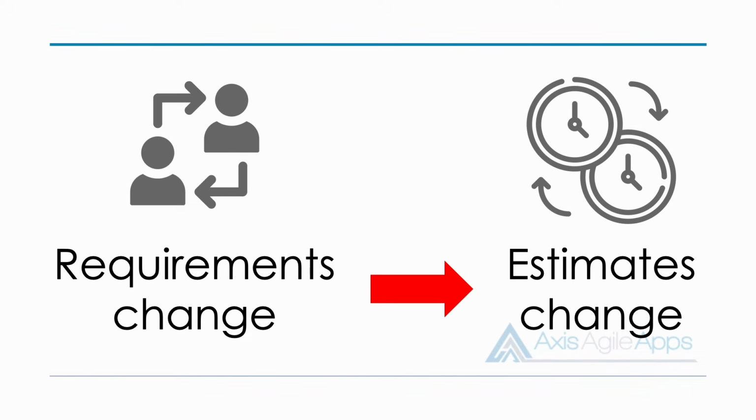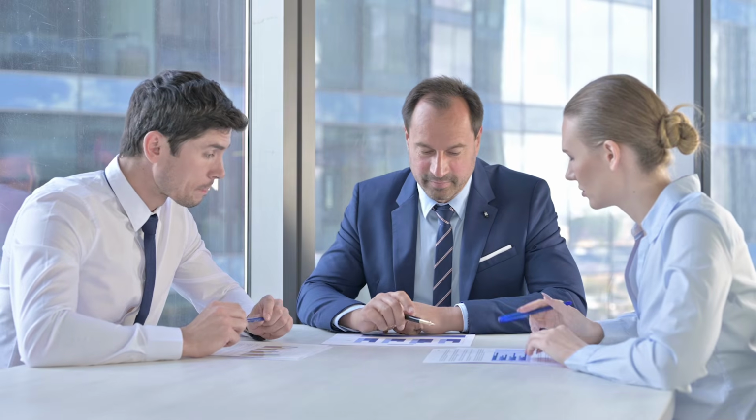So as our requirements, our product backlog changes, we're going to need to re-estimate and reforecast. So it's very advantageous to have an approach where we can rapidly reforecast so that we can go back to stakeholders and give them an update on how things are progressing based on the changes that have occurred.